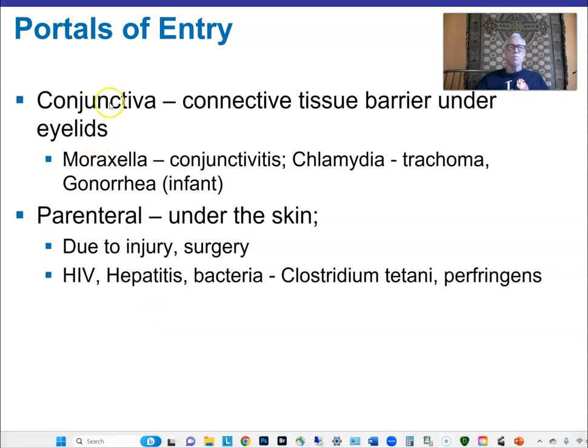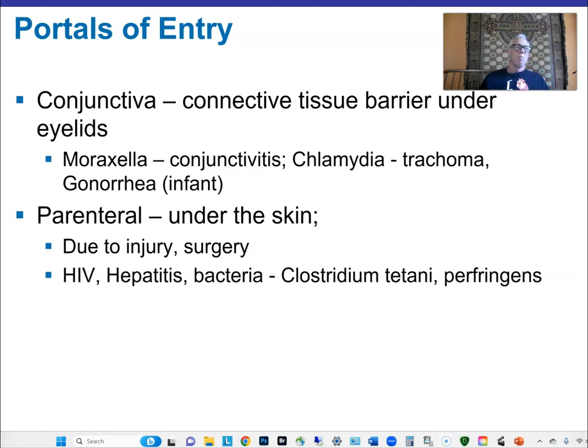Conjunctiva, it's the lining on the surface of your eye, not where the cornea is, but around it. The characteristic white-looking membrane is called the conjunctiva, and bacteria can colonize it and cause inflammation, turning it very, very red. Chlamydia trachomatis causes a disease called trachoma, and can infect the eye.